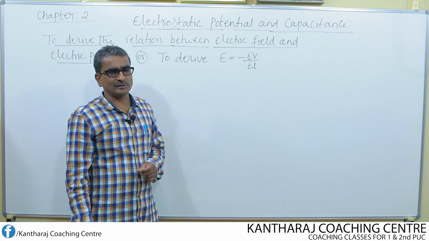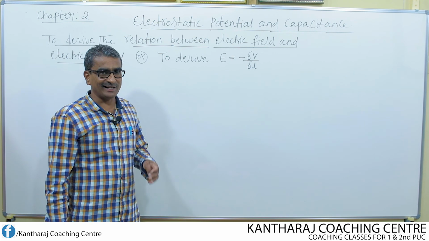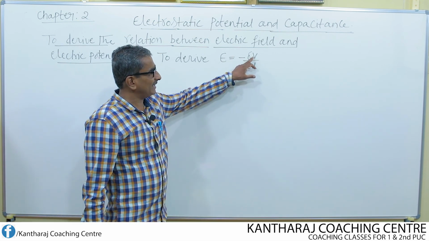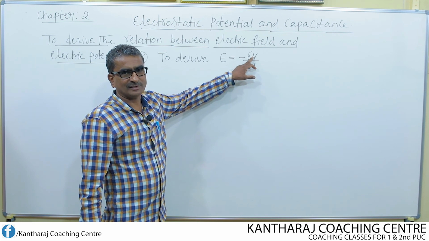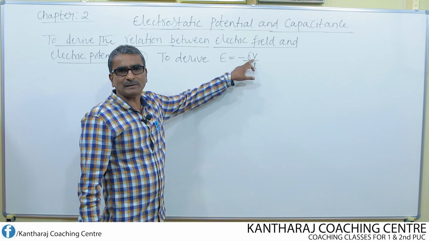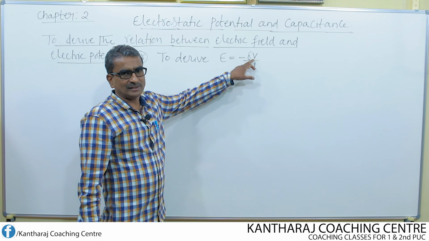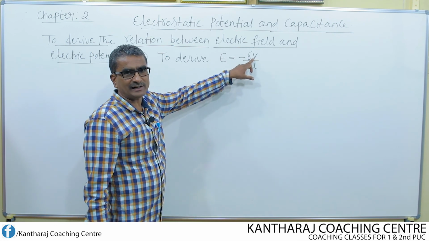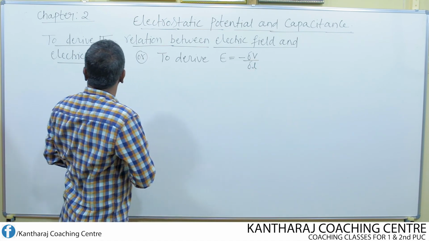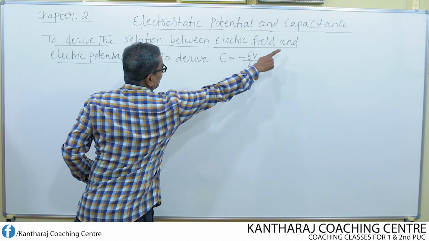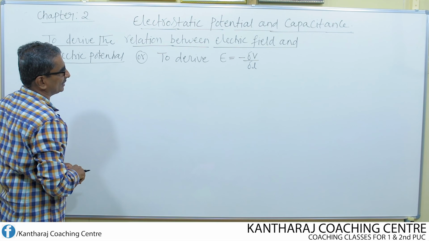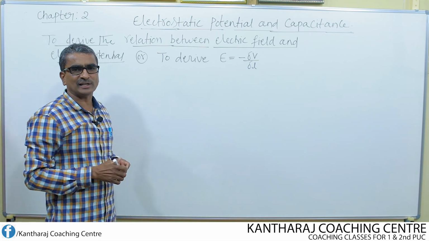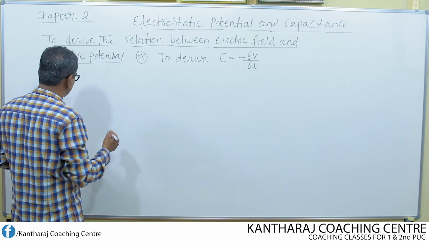Let us derive one important relation between the electric field and the electric potential. So delta V is nothing but the potential difference. To derive the relation between the electric field and the electric potential, I am going to consider two equipotential surfaces.